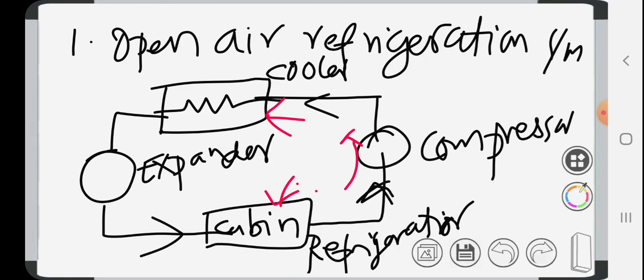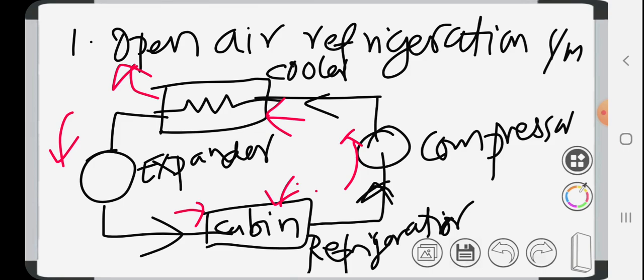Then it reaches the cooler where it rejects heat to the outside ambient or warmer conditions, and thus its temperature gets reduced. Now it reaches the expander where its pressure and temperature both get reduced, and again it reaches the refrigerator where it can again extract heat.